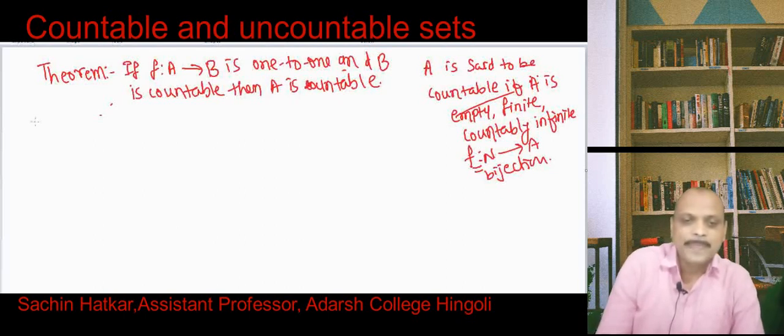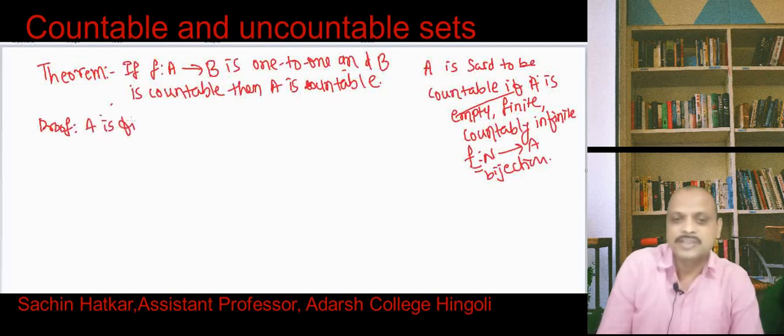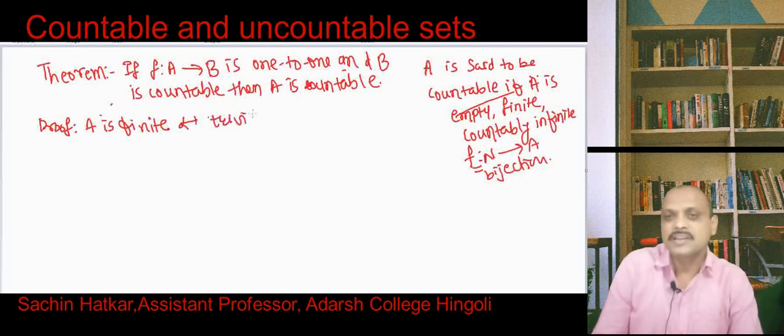Now the proof. If A is finite, this is the first possibility. Suppose A is finite, then finite sets are always countable, and therefore the theorem is trivial in this case.